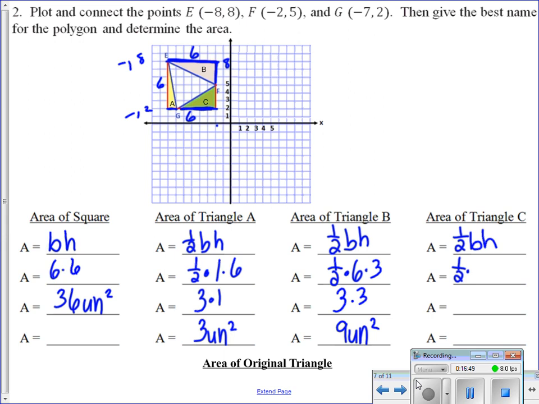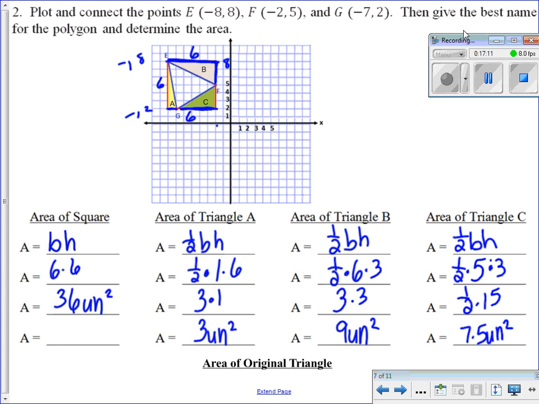So what is the base of C? 5. And what is the height? 3. So 1/2 times 15. So 7.5 units squared. We're okay with all those, where those all came from? Yeah.